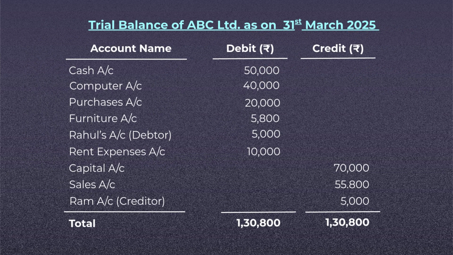Thus, we need to check the accounts and ledger postings thoroughly before considering a trial balance as correct. If you are a commerce student or preparing for accounting exams or job interviews, understanding these errors is extremely important. Hope you have understood these basic concepts.